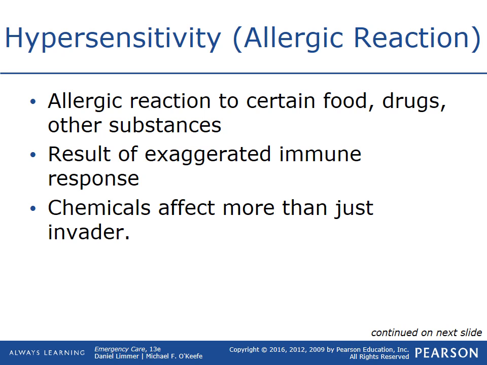Some people are allergic to things like peanuts or seafood, which are common, but you can have an exaggerated immune response, and the chemicals going after the invader cause all kinds of havoc to your body, and you'll have a severe allergic reaction called anaphylaxis.